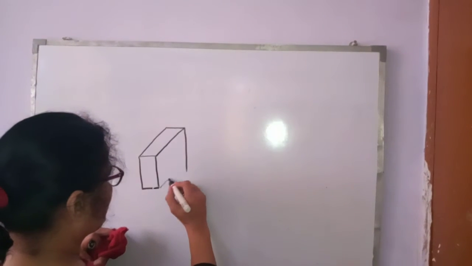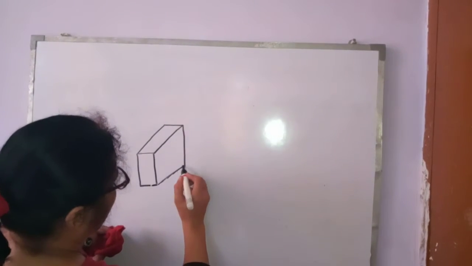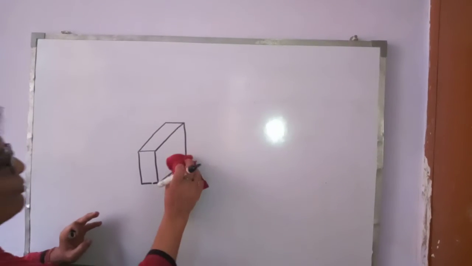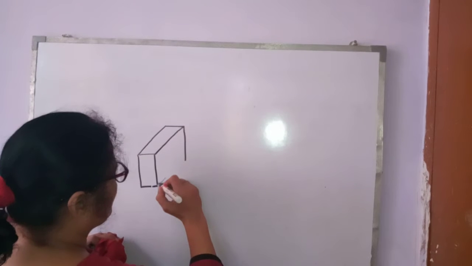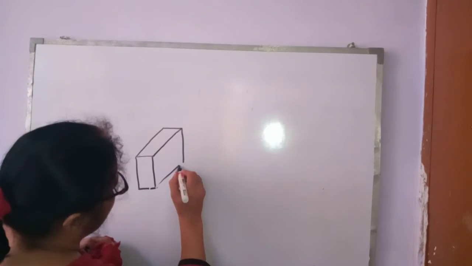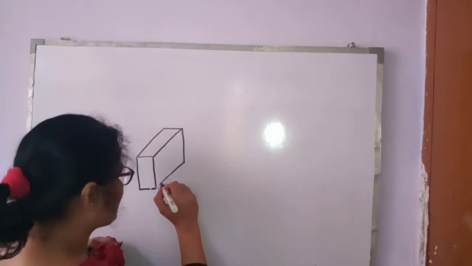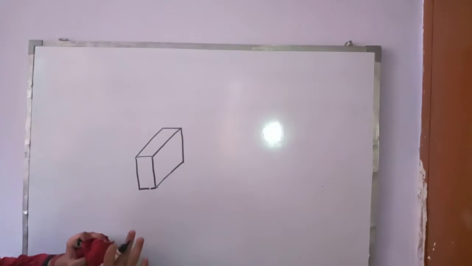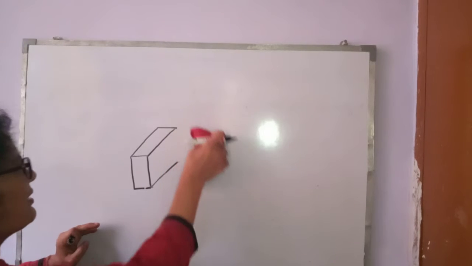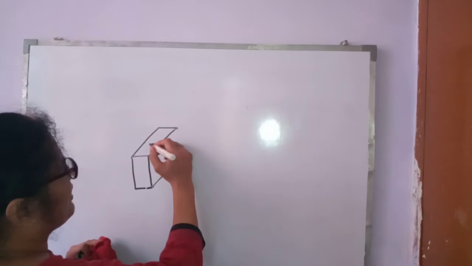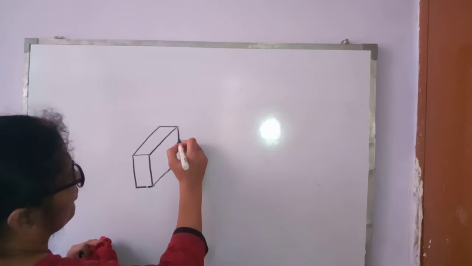Now you know that the sheet is uniformly charged and charge is always distributed on the outer surface. It does not lie inside the sheet. Here the value of the electric field is equal to 0.